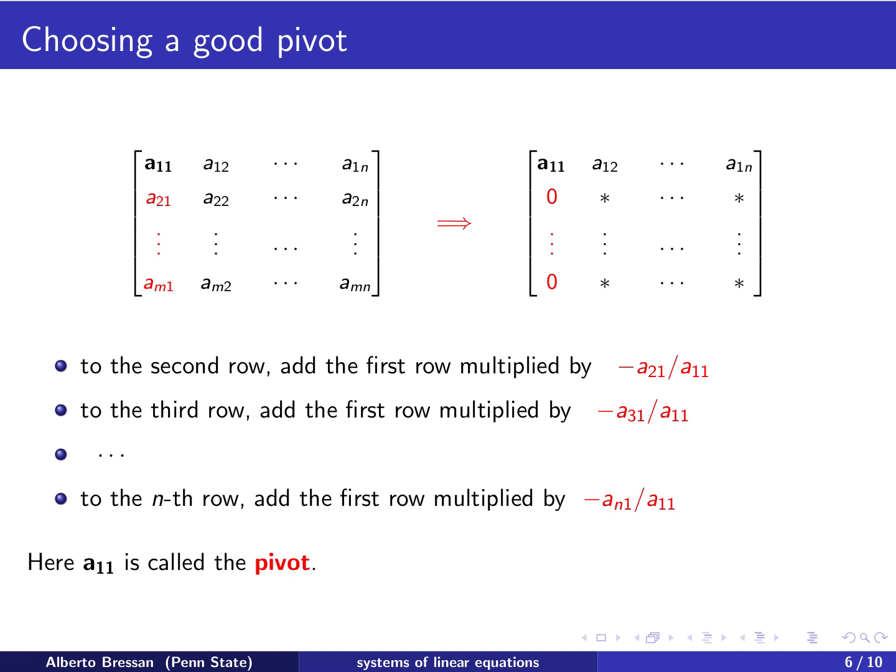And then for the third row, the first row will be multiplied by A31 over A11. And so on and so forth, and then the last one will be An1 over A11.